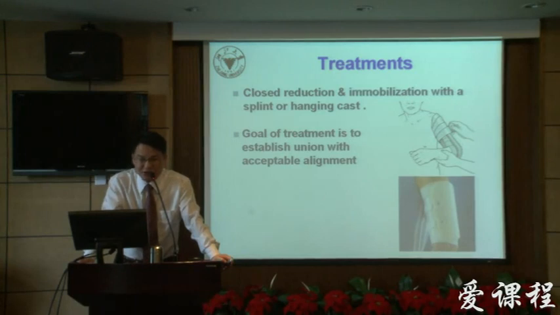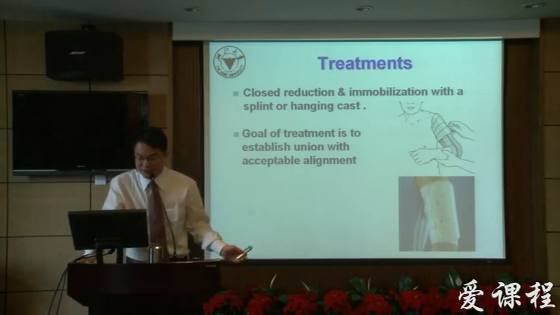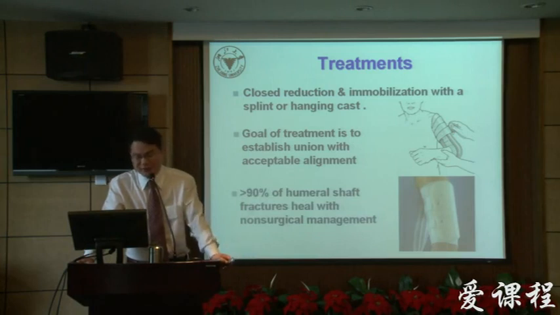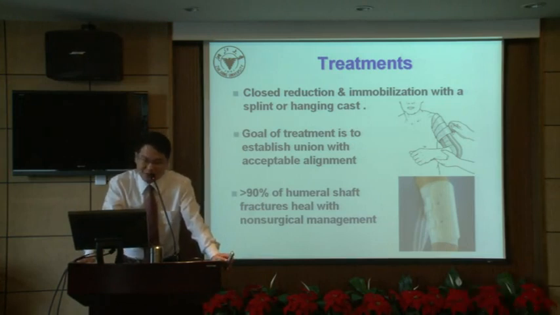As you know, the upper arm is not weight bearing, so the shape and alignment are not so strictly required. The only thing is union with acceptable alignment. And perhaps 90% of all humeral shaft fractures heal with non-surgical management.